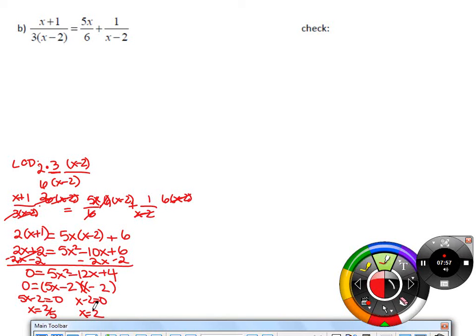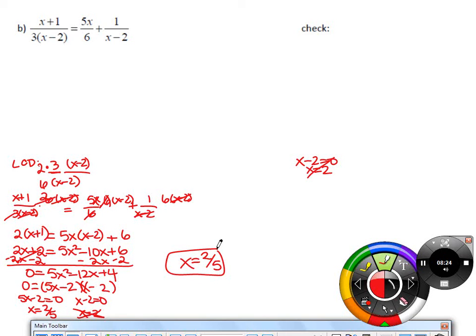Look back at the original problem, look at the factors in the denominator. 3 can't be equal to 0, and 6 can't be equal to 0. But if the denominator of x minus 2 is equal to 0, that's going to happen when x is equal to 2, which means that cannot be a solution. That's included in our solution set, so that one is extraneous, leaving only one solution, which is that x equals 2/5.